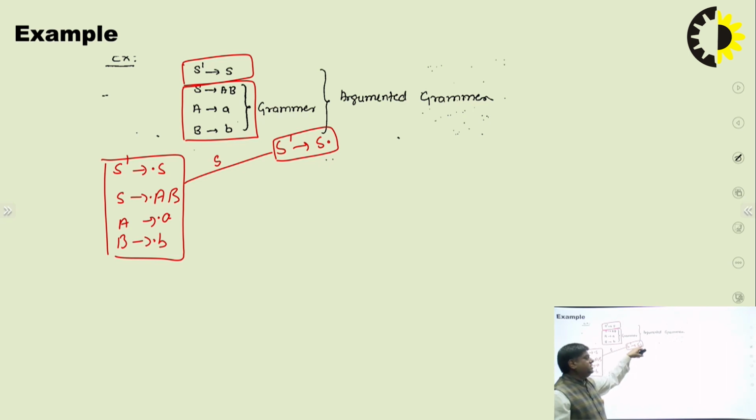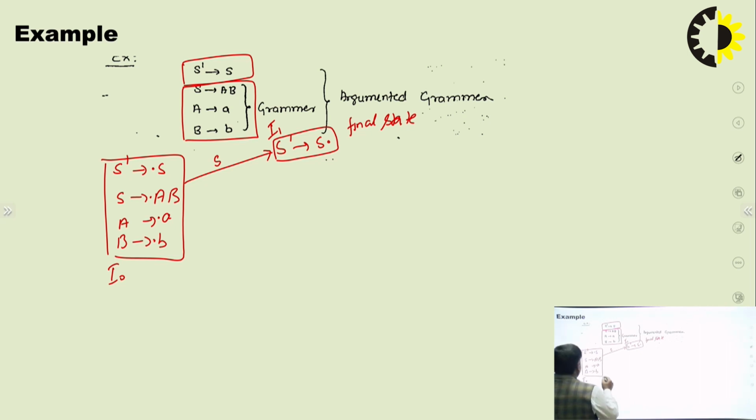If the dot is at the end of any production, then that state is known as a final state. That is the I0 state, that is the I1 state, and I1 is a final state. We apply this rule for all production rules.